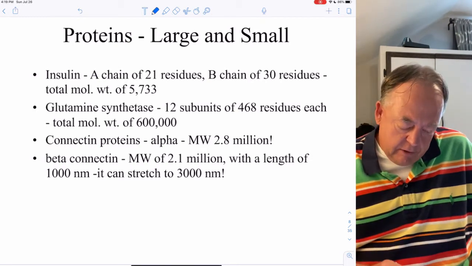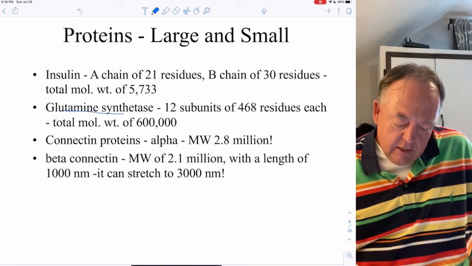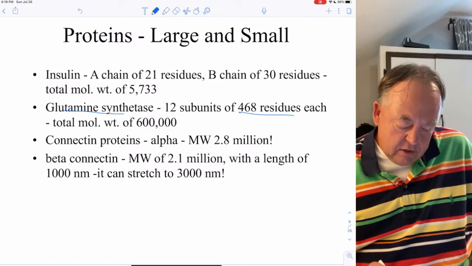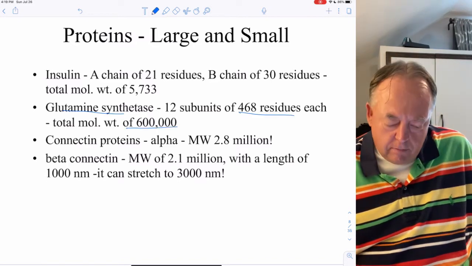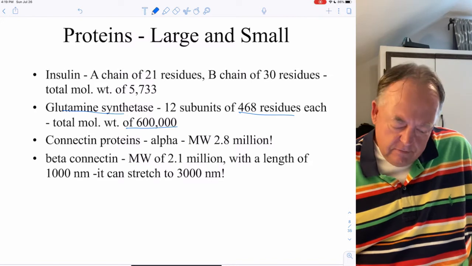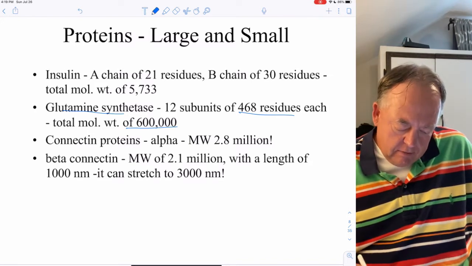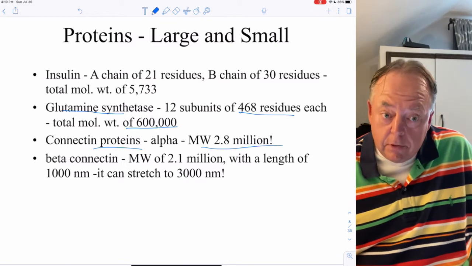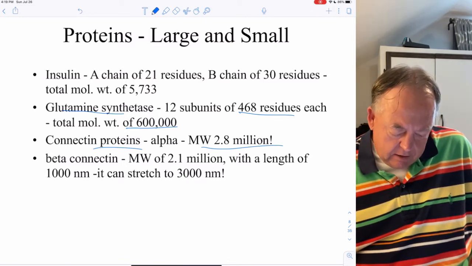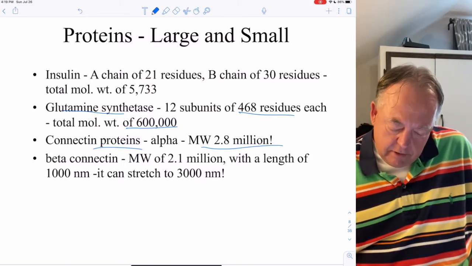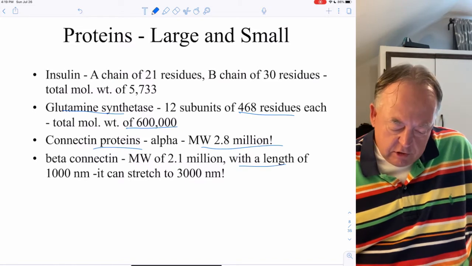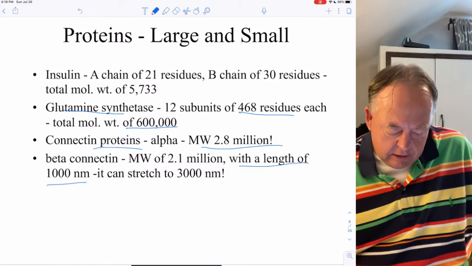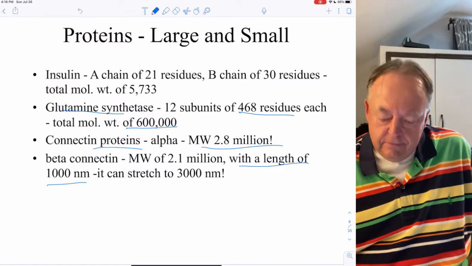They can obviously be much larger. Glutamine synthase has 468 residues, so a total molar mass of about 600,000 grams per mole. Connectin protein, molar mass is up to 2.8 million. So they can be very, very large. This particular protein has a length of about 1,000 nanometers.